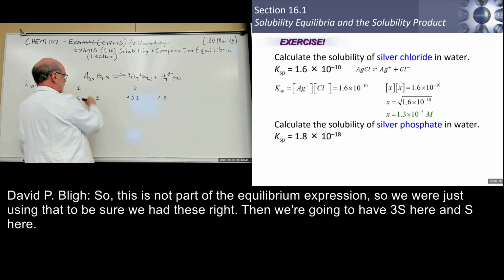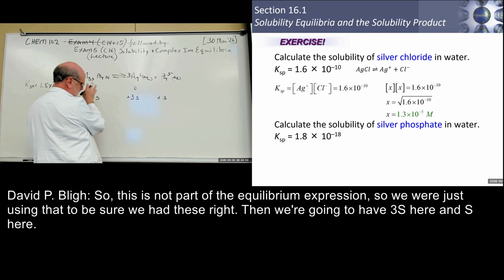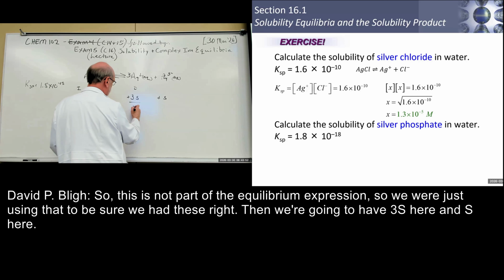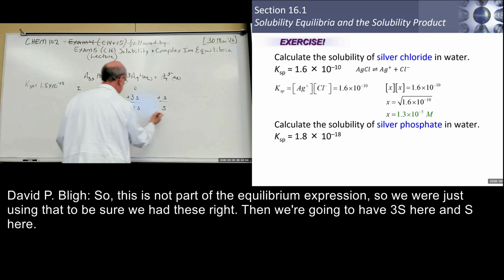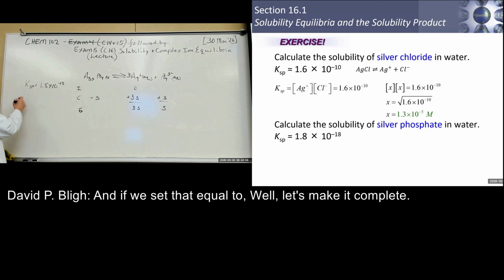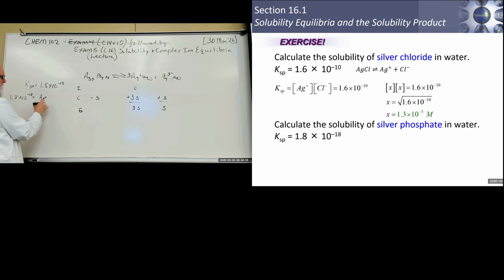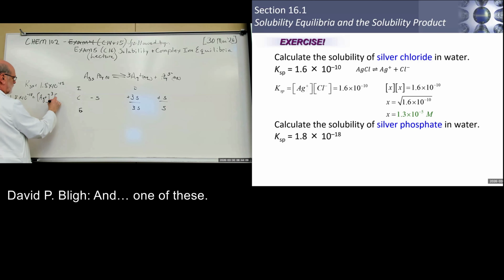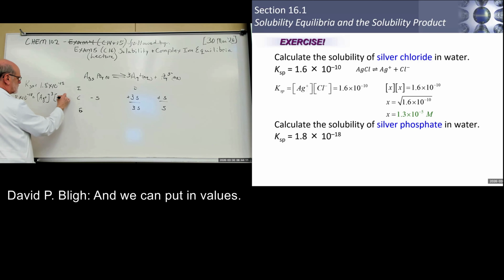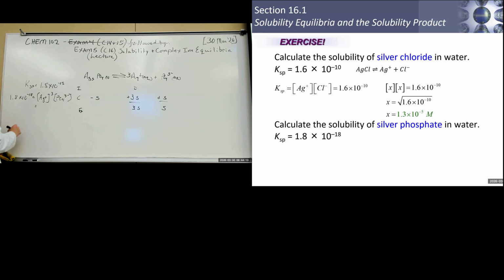So this is not part of the equilibrium expression. We were just using that to be sure we have these right. Then we're going to have 3s here and s here. And if we set that equal to, well, let's make it complete, 3 of these and 1 of these.